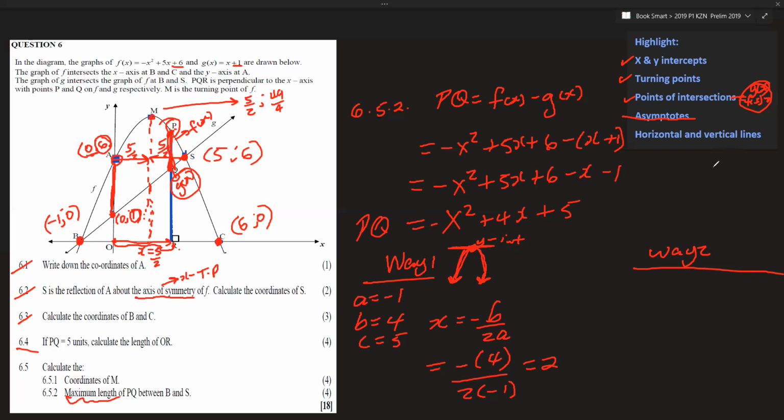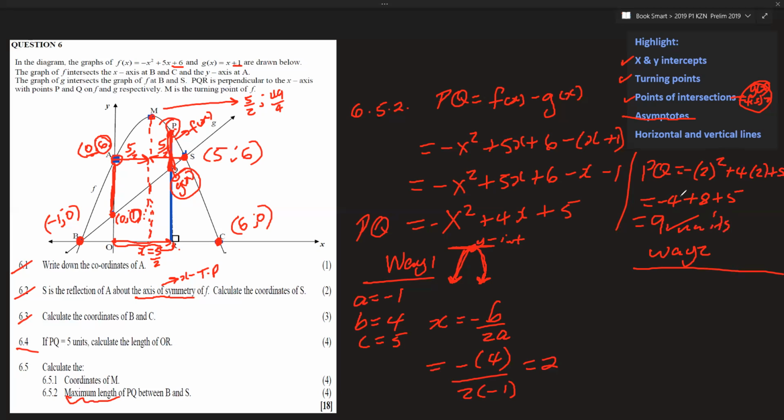So PQ maximum distance is going to be negative 2 squared plus 4 times 2 plus 5, which is negative 4 plus 8 plus 5, which becomes 13 minus 4, which is 9. So your maximum distance is 9 units.